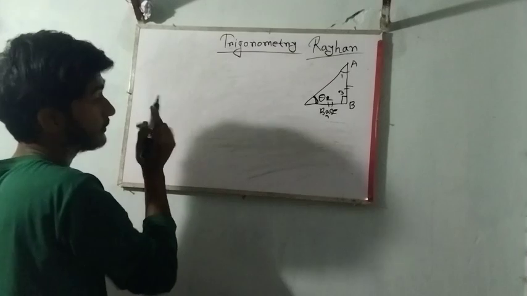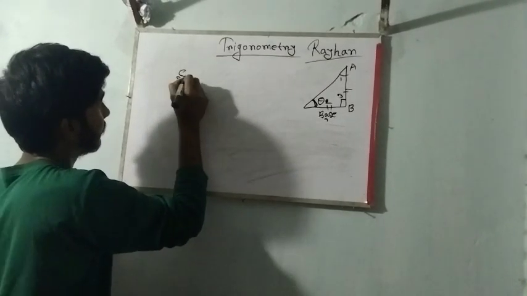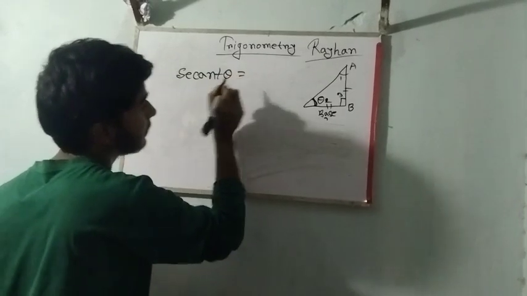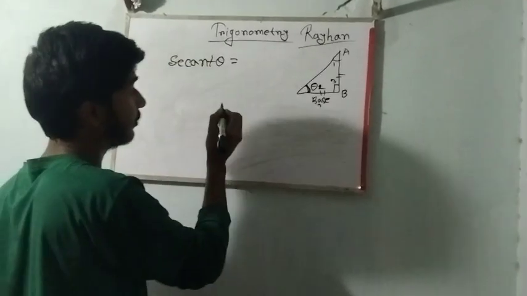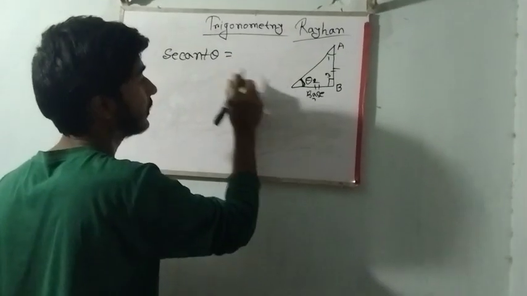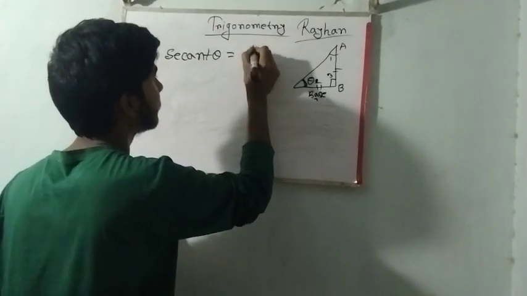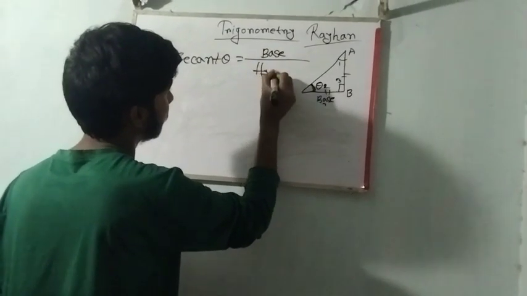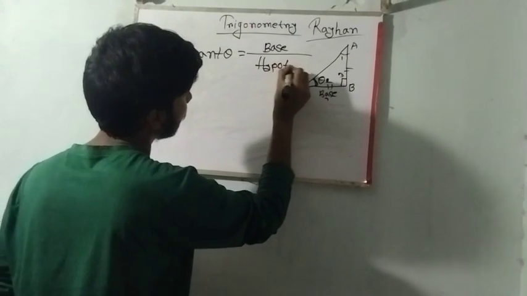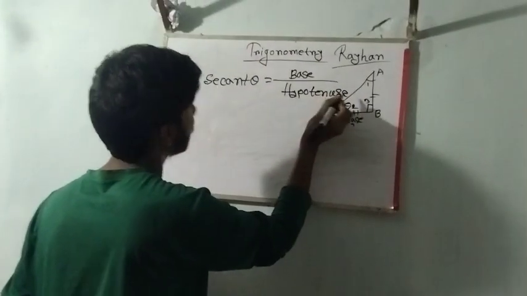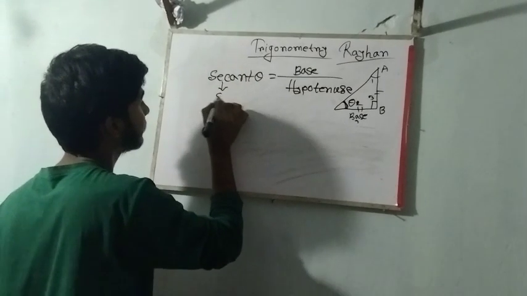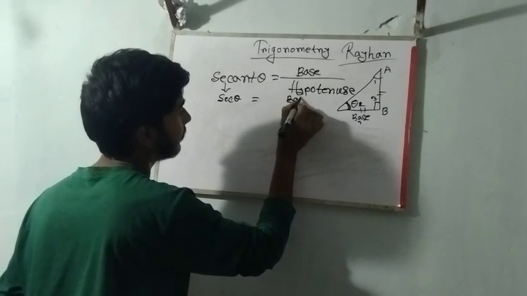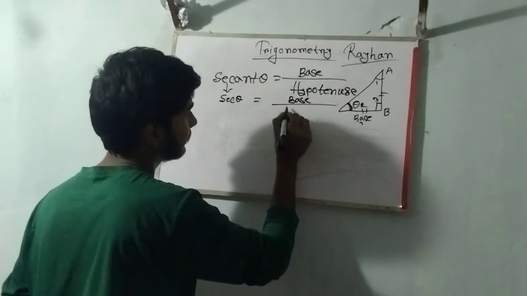If we think about secant theta, it is the inverse ratio of cosine, that is hypotenuse by base. Its short form is sec. Sec theta is equal to hypotenuse by base.